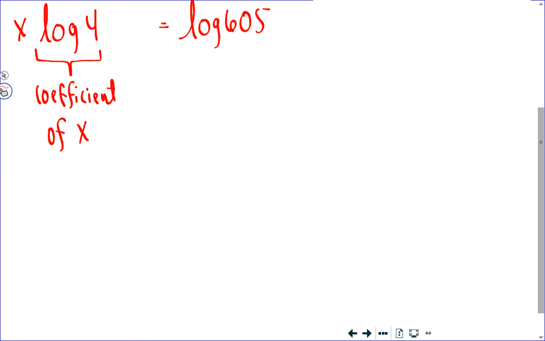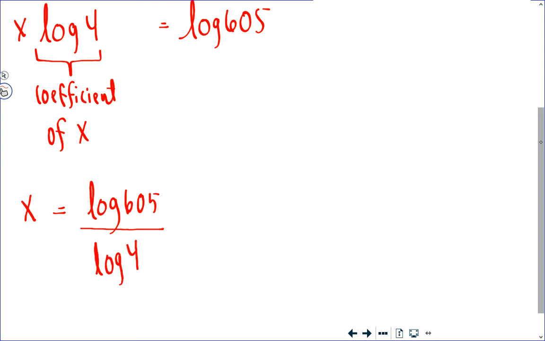Well, if I had 5x equals a number, to get x by itself, I would divide by 5. So if I have x multiplied by log of 4 equals log of 605, then all I have to do is divide both sides by log of 4. So the exact value of x, everybody, is the logarithm of 605 divided by the logarithm of 4.